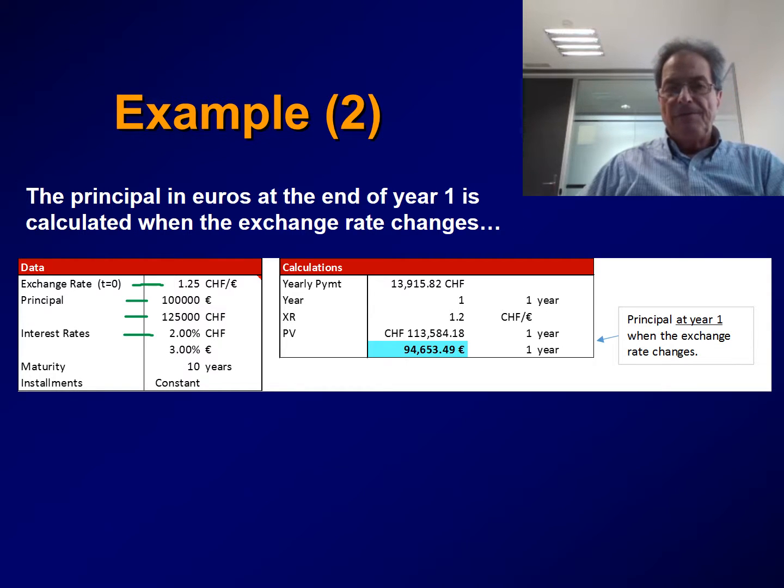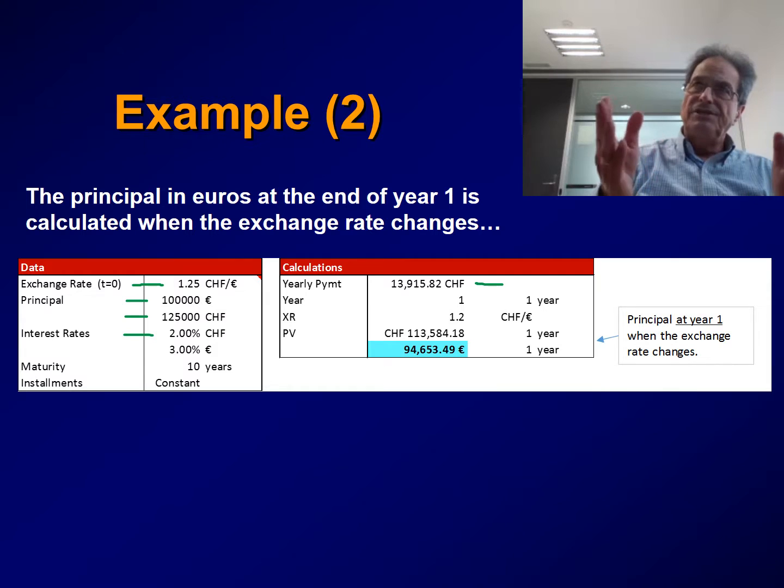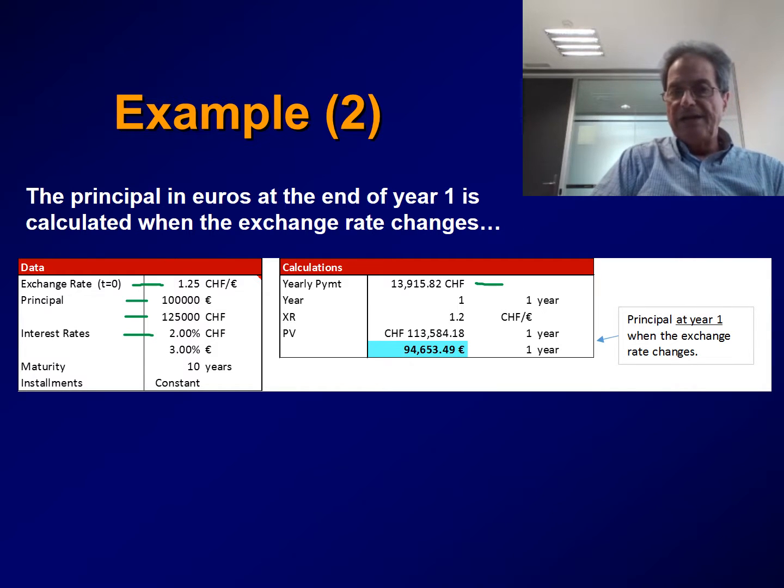Maturity 10 years, installments constant, the French system. We do the calculations, and the first thing we do is calculate the annuity, the installment, using again the French system. So for this loan of 125,000 Swiss francs at the 2% interest rate, we would have to pay 13,915.82 Swiss francs every year.